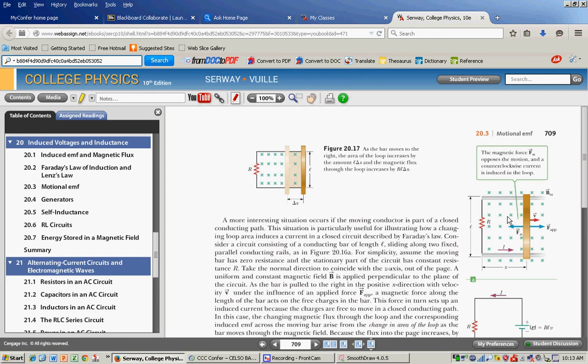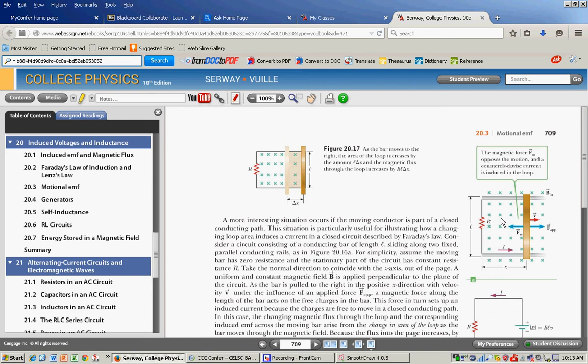So see the things that happen when this takes place. As the slide wire moves to the right, see the number of field lines inside the loop? What is happening with it? It's growing. As the slide wire moves to the right, more field lines happen to be passing through the loop.